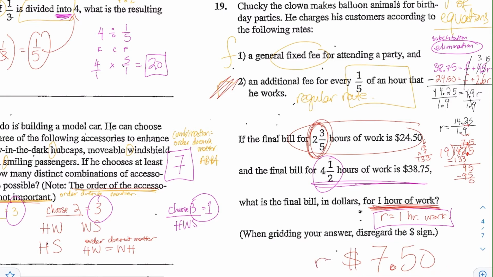Now, once you have this hourly rate of $7.50, remember this is the variable R, you want to figure out the final bill. And this final bill includes this fixed fee. So once you've solved one of the variables for a system of equations, you have to then substitute back in to solve for the other variable. So in this case, you could use either of the two equations that we started with here and substitute back in $7.50.